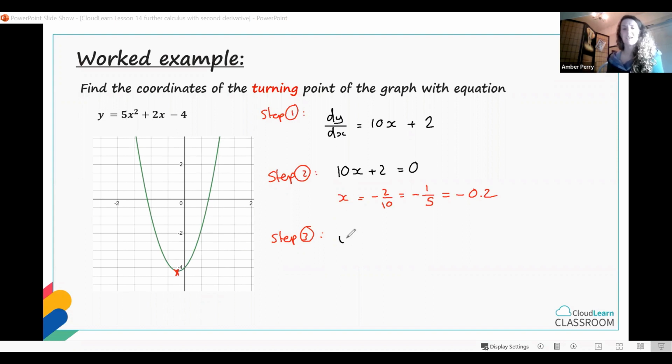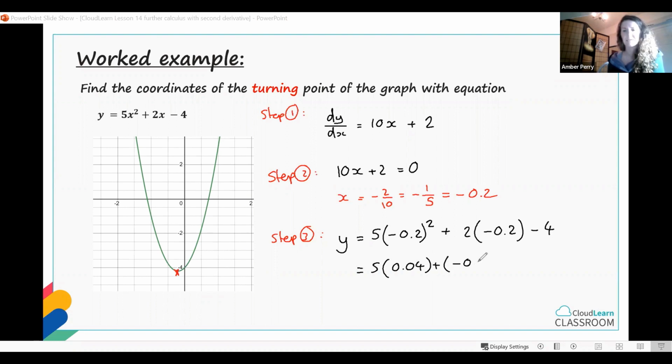Good. So putting x back into the equation for y, that's a good hint, because we're looking for the y coordinate. So we need y, okay, is going to be 5 times minus 0.2 squared plus 2 times minus 0.2, and then minus 4, which is going to be 5 times 0.04, I believe, plus minus 0.4 minus 4.